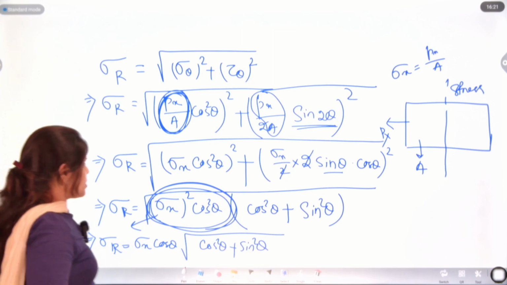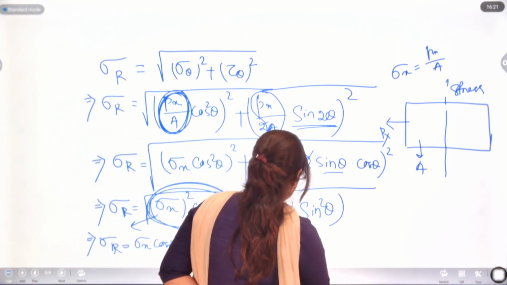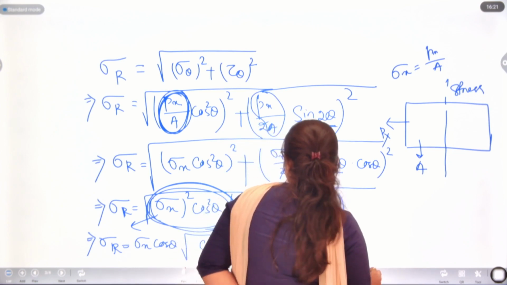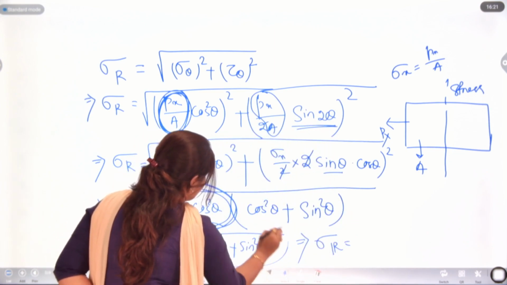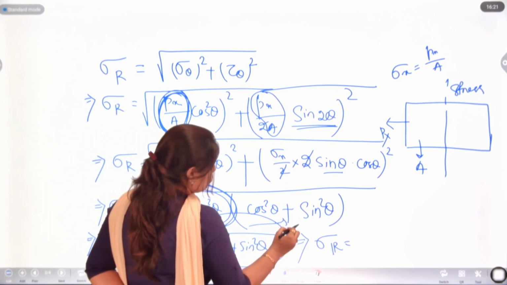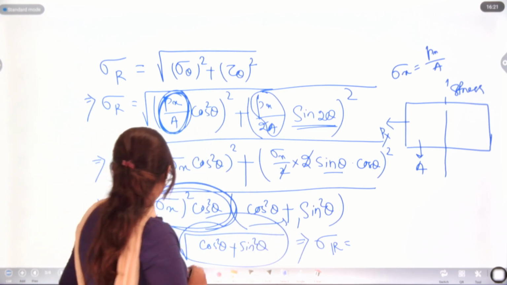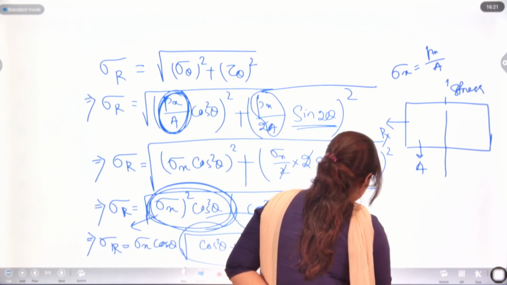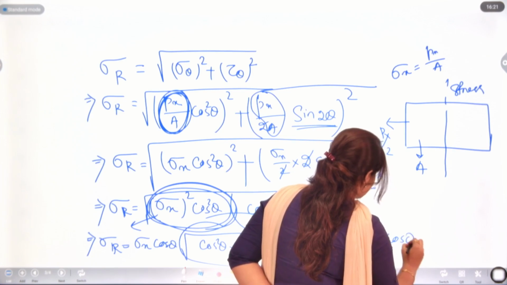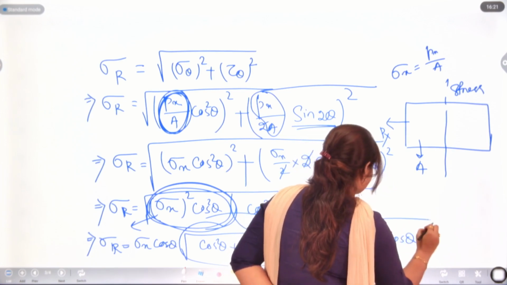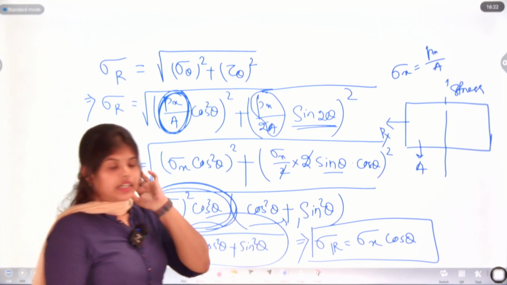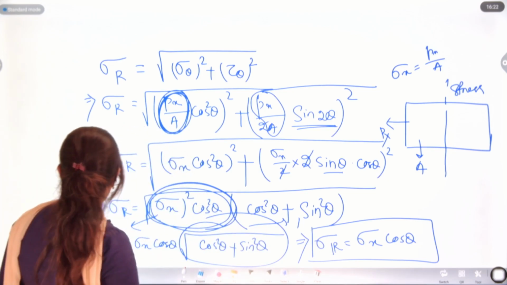In trigonometry we already learned that cos square theta plus sin square theta is 1. So now we have sigma r as sigma x cos theta. We have the resultant stress as sigma x cos theta.